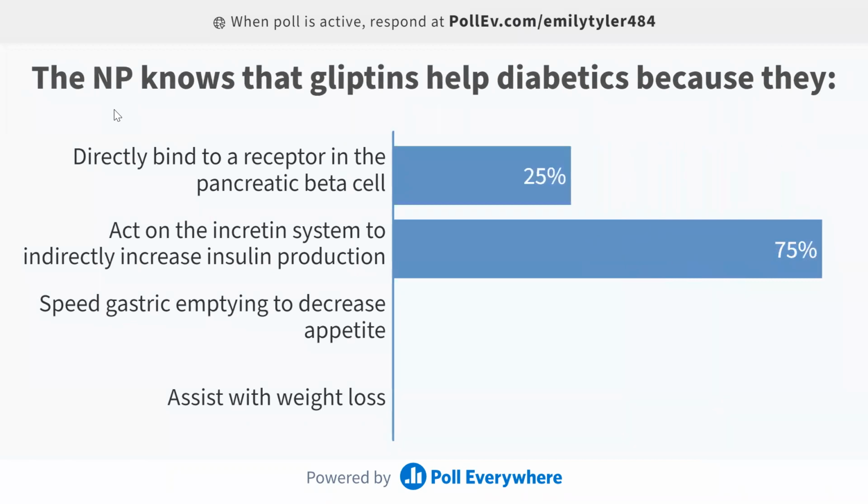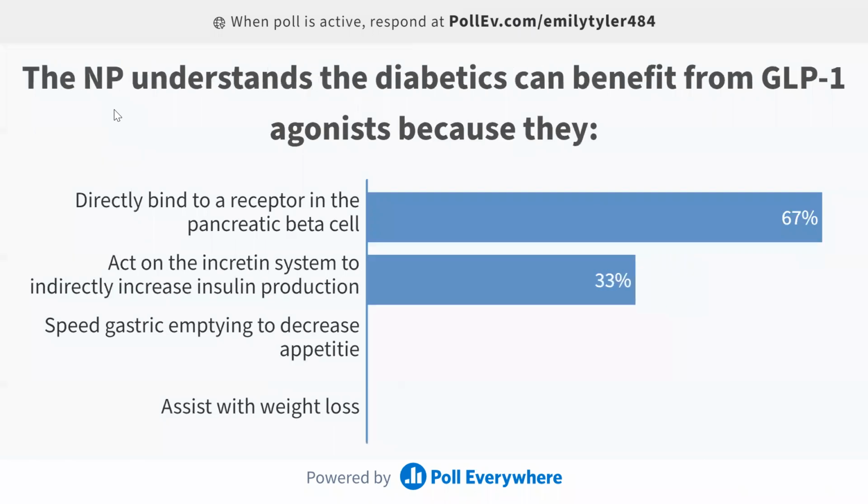I lied to you. Gliptins are going to indirectly increase insulin production, which means that GLP-1s do what? They bind directly to the pancreatic beta cell. I apologize.